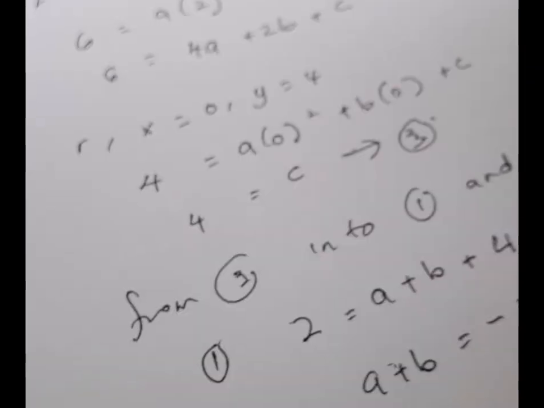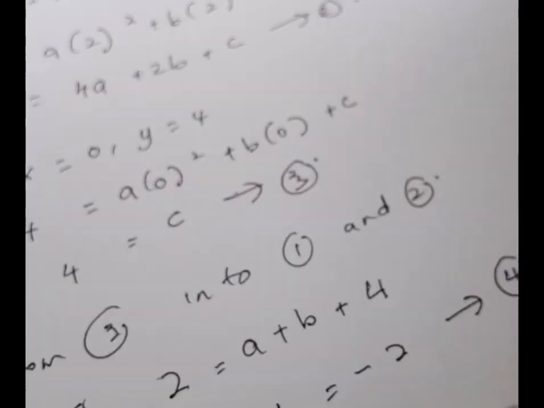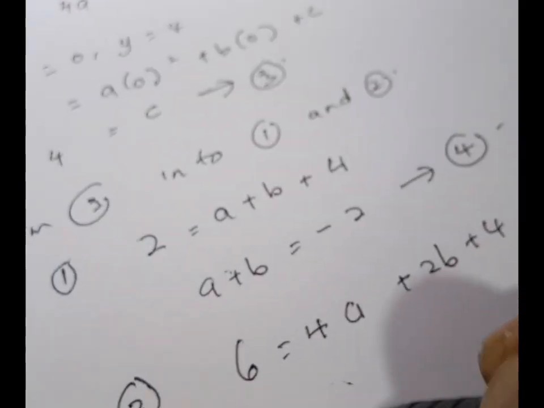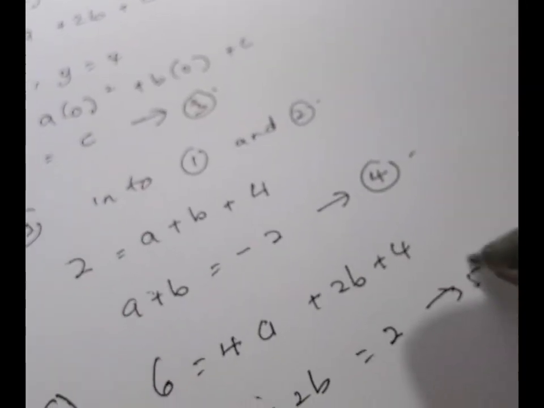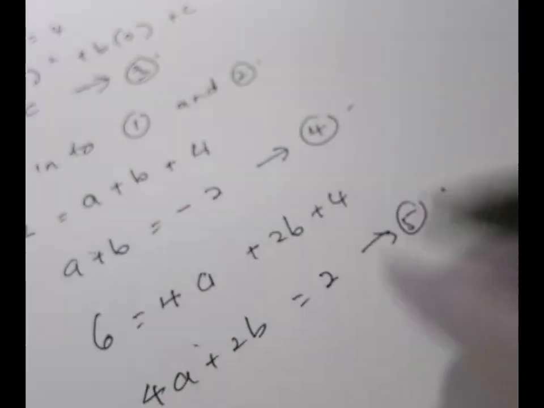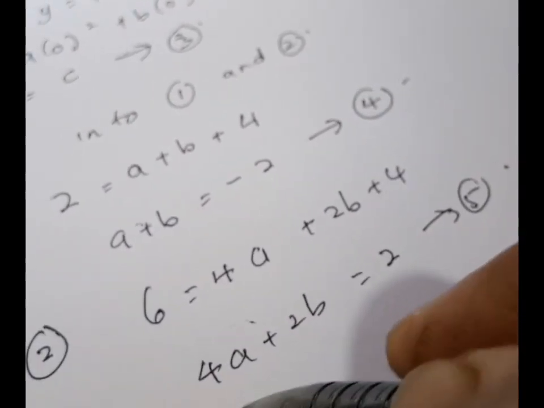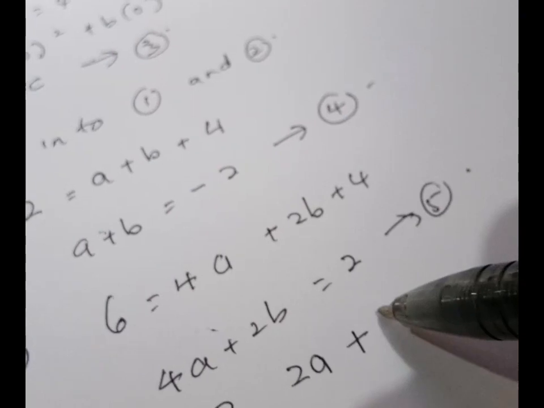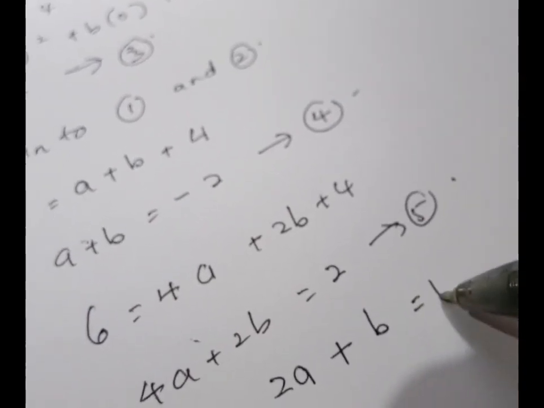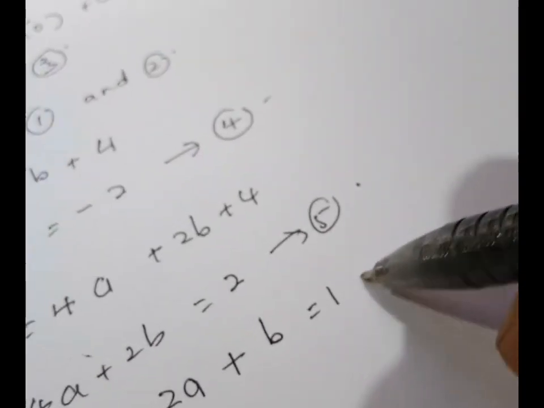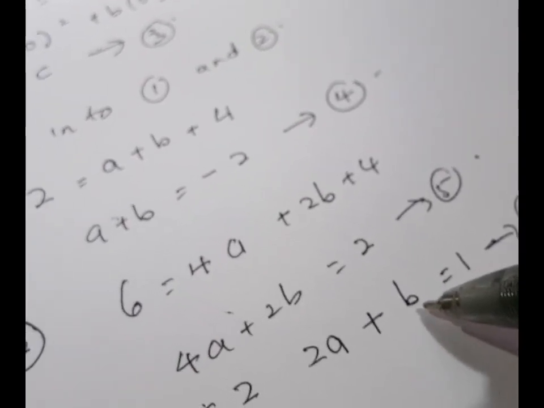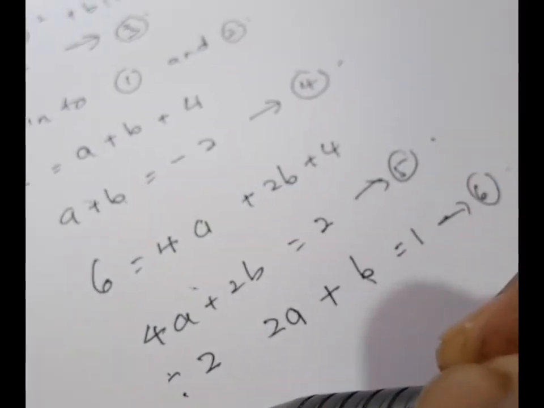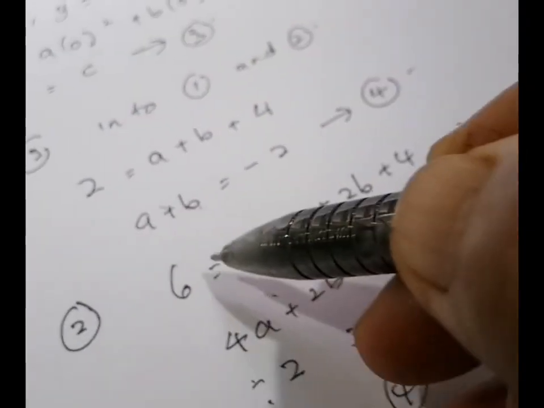In equation 2, substitute: 6 equals 4a plus 2b plus 4. So we have 4a plus 2b equals 2. This is equation 5. Equation 5 we can reduce by dividing by 2, it becomes 2a plus b equals 1. Equation 6.